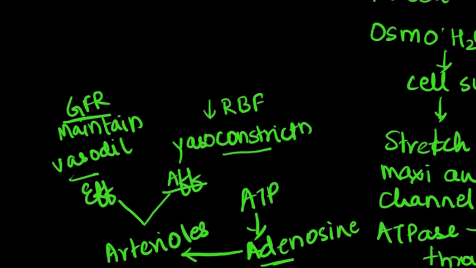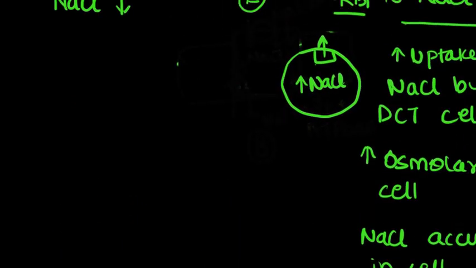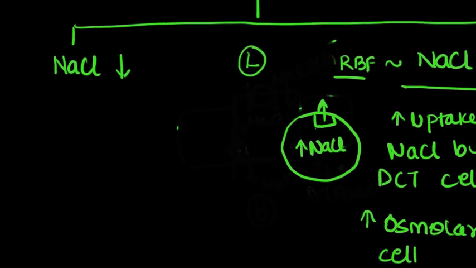So this is the feedback loop when you have a high sodium chloride, which is equivalent to a high renal blood flow. When you have a low sodium chloride, it is almost equivalent to a low renal blood flow through the glomerulus. So what it basically needs to do is activate the RAS system so that more water and salt get absorbed again.